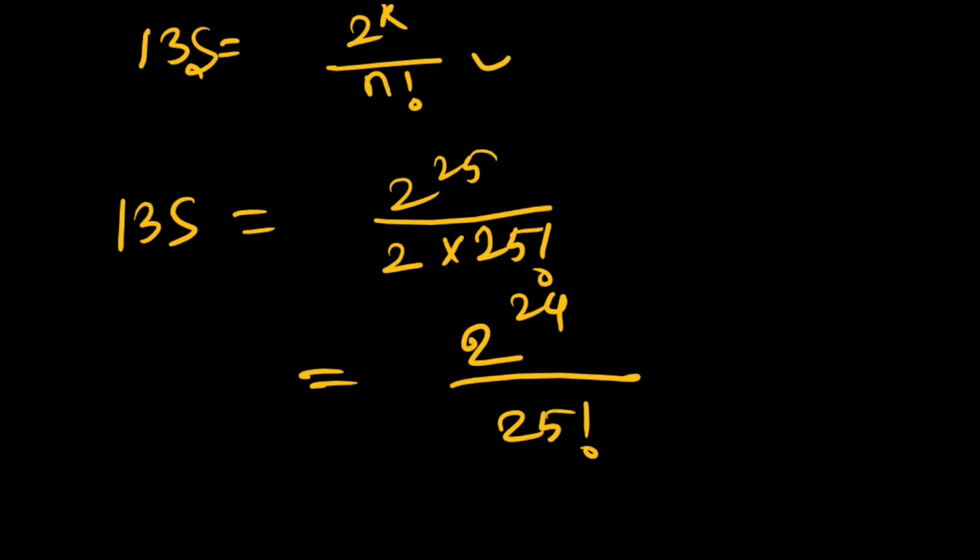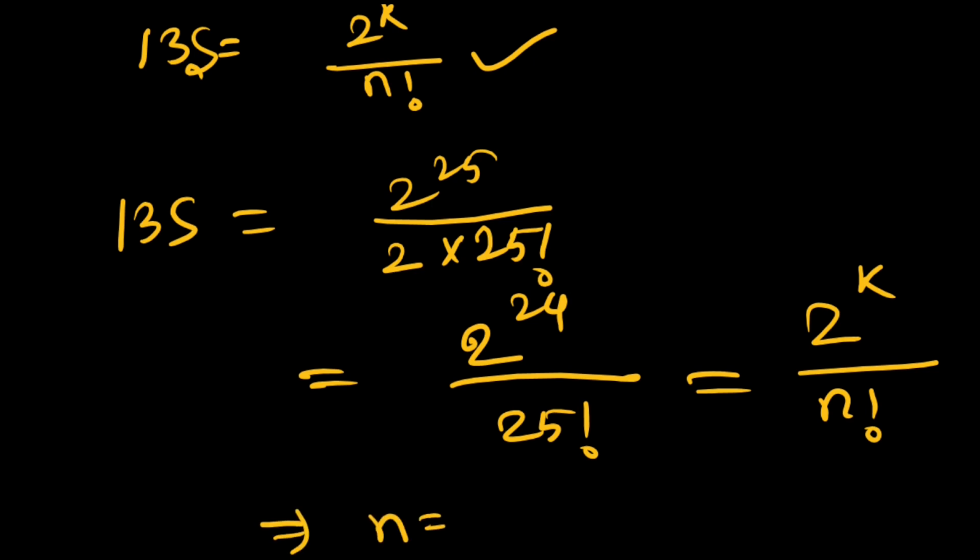Given that 13S is equal to 2 to the power k over n factorial, we match n and k: n is equal to 25 and k is equal to 24.